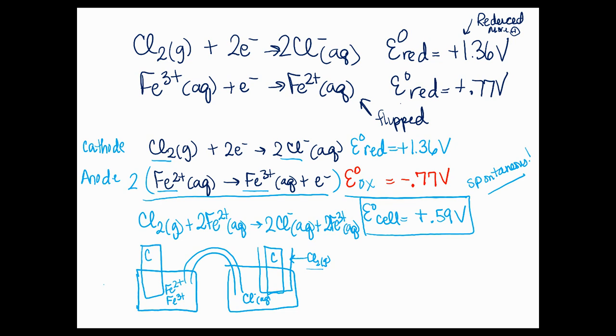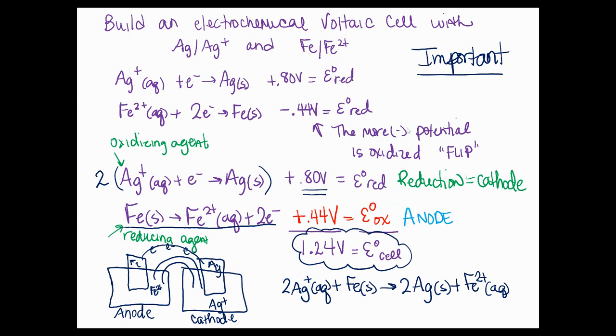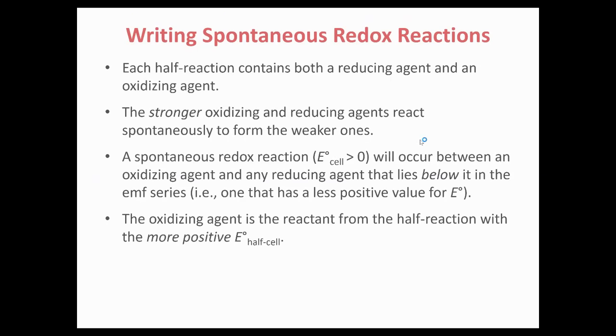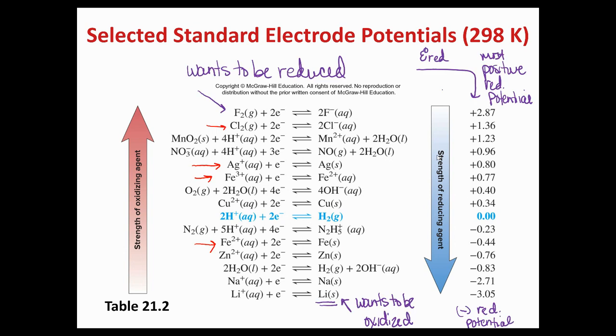So we always have to flip one. And going back, let me go back. Okay, if we have on this chart when they're in order, so let me show you.